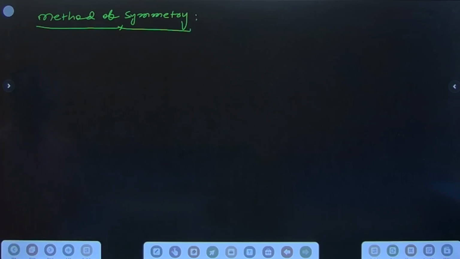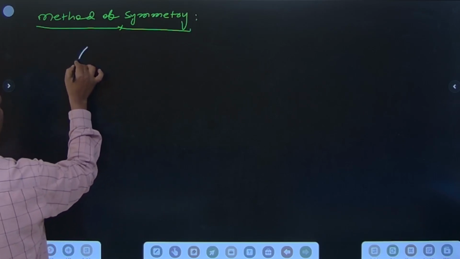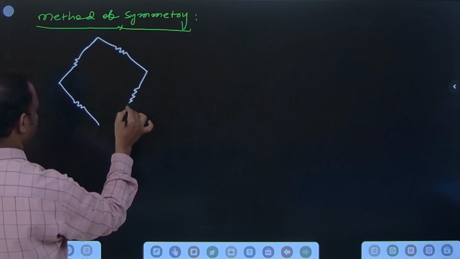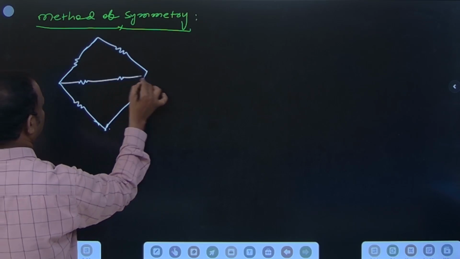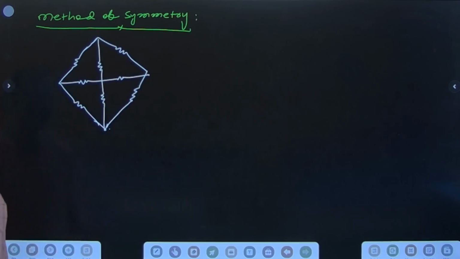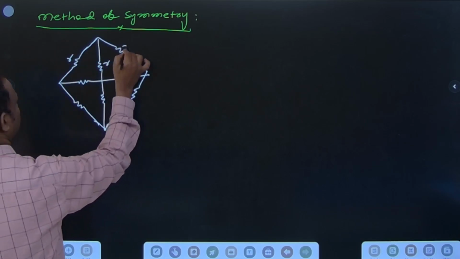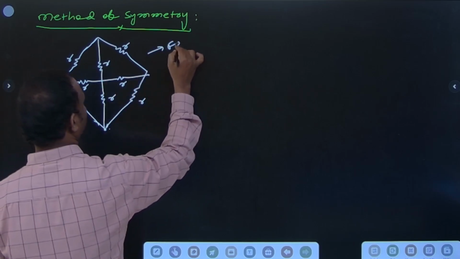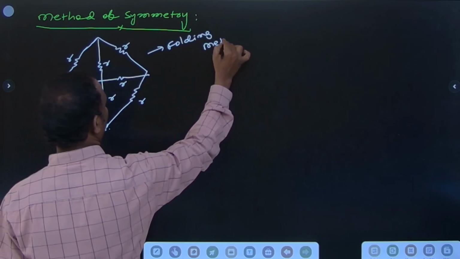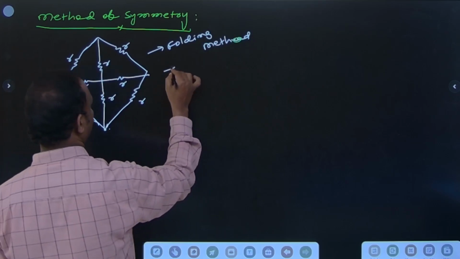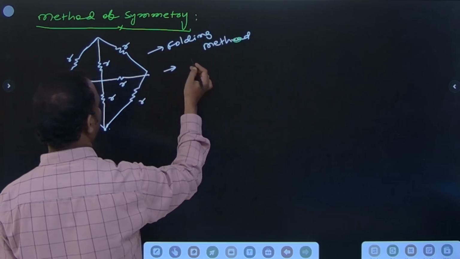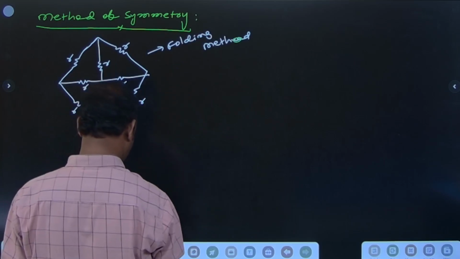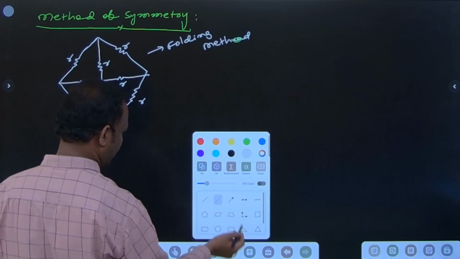For the method of symmetry, any circuit is given, for example, if you have a circuit like this. In the method of symmetry, we can use the folding method, or the detaching method. Any one for problem solving is the same.